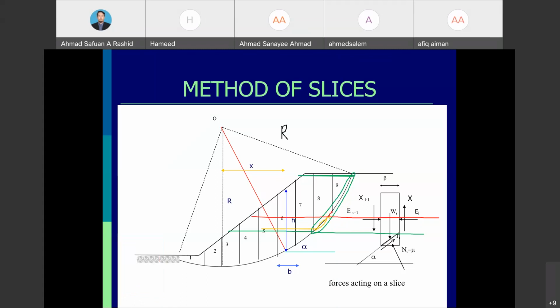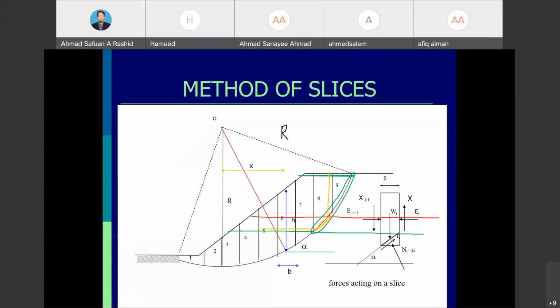It's very difficult when we do the analysis later on. In that case, it's better to extend the width of slice number 9 and reduce the width of slice number 8.